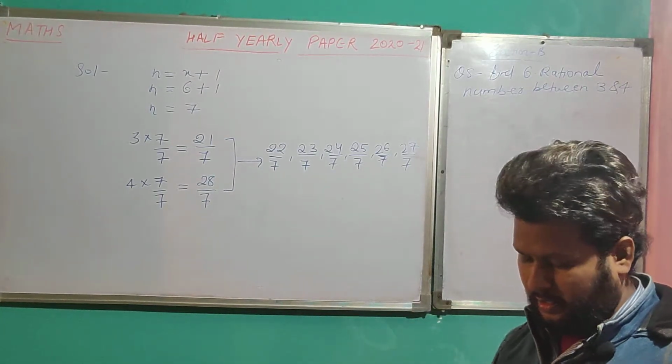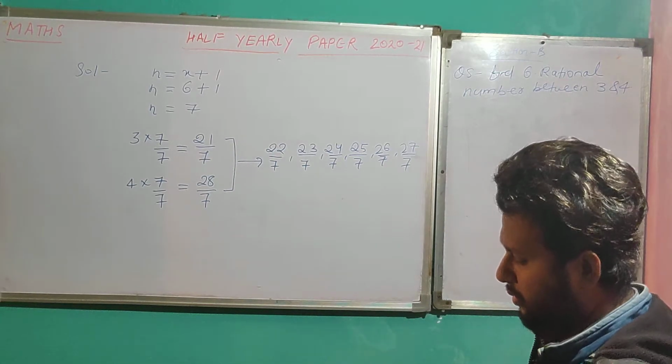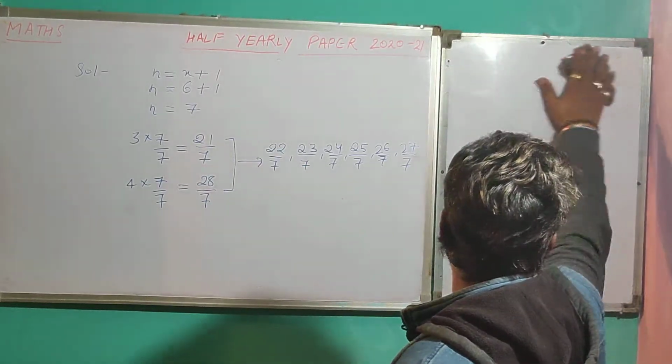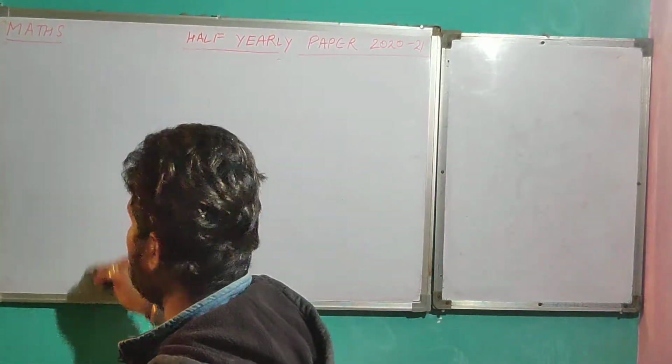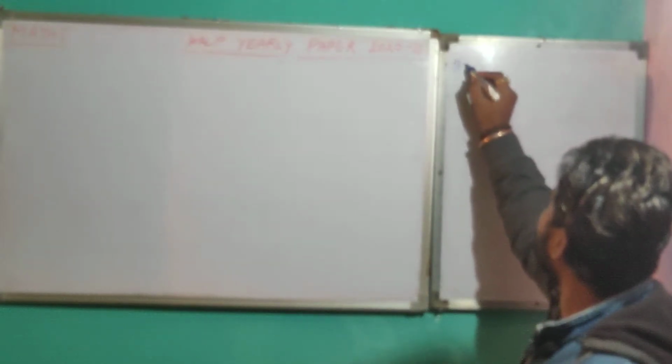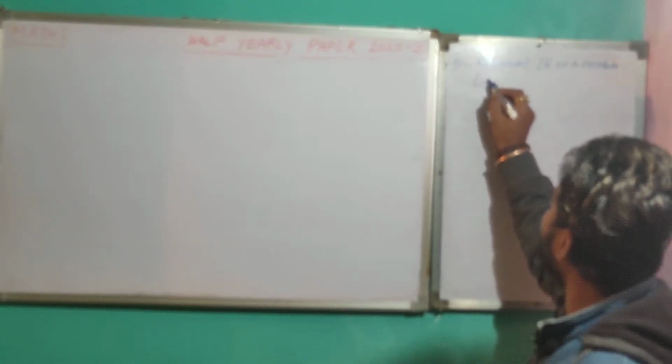Okay. Now next question. Our next question is represent root 3 on a number line.